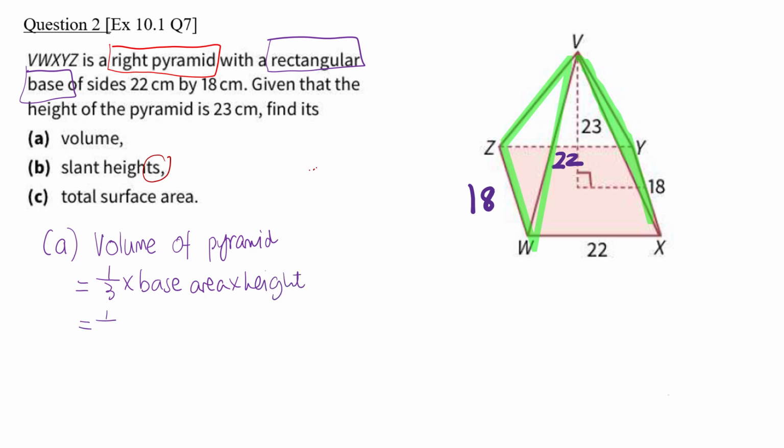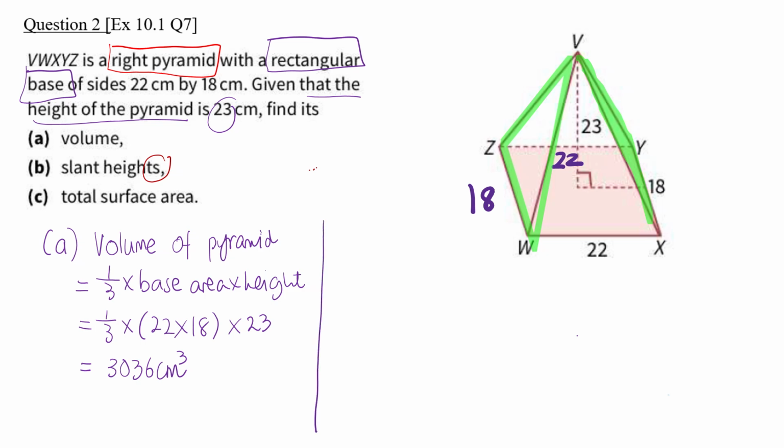Here our base is a rectangle, so it's 22 times 18. Our vertical height is given to be 23. And that gives us 3036 centimeter cube. So this is the first part.